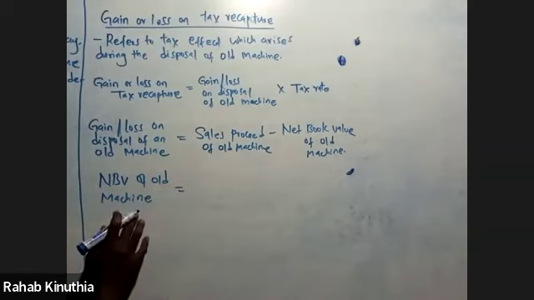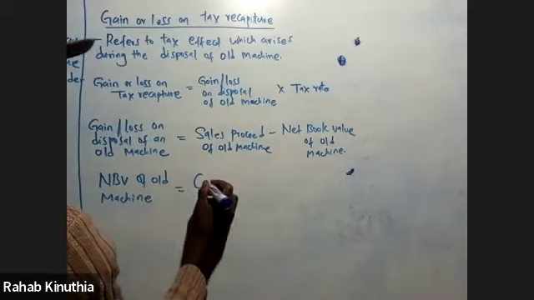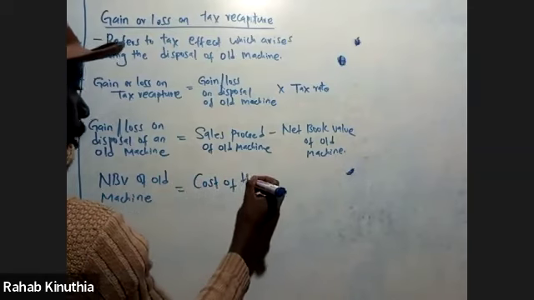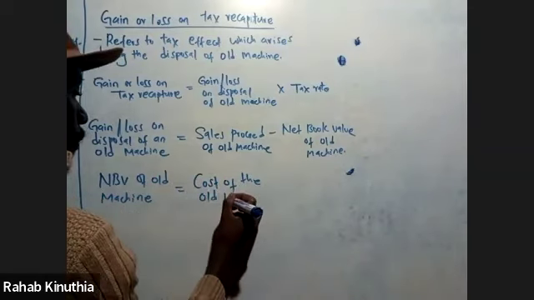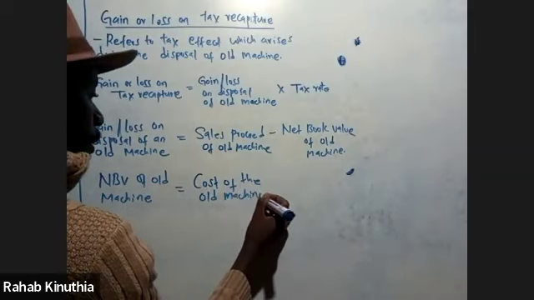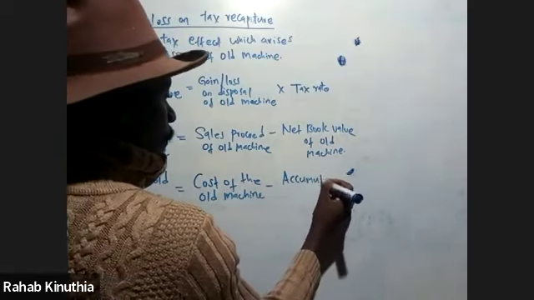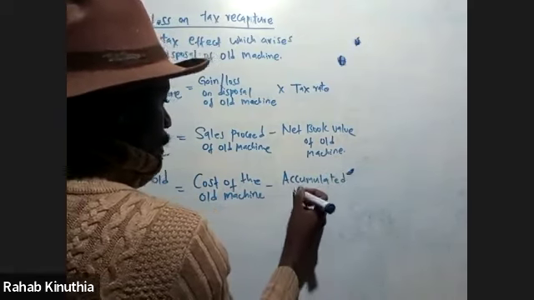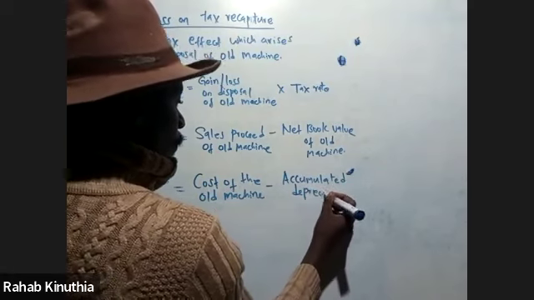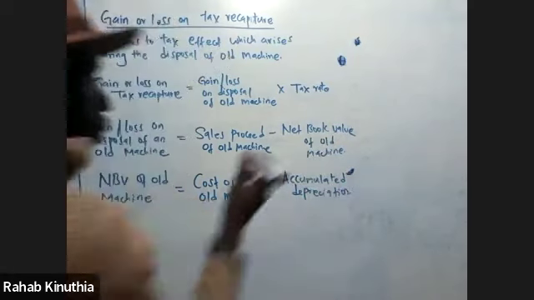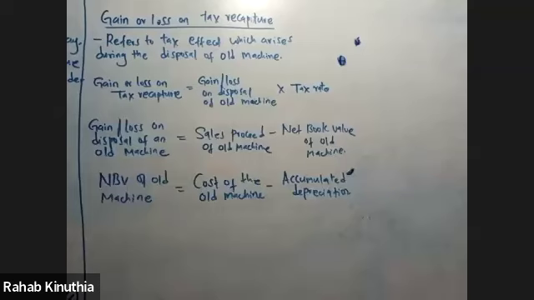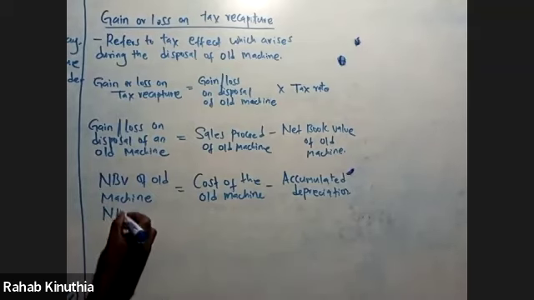Net book value of old machine can be equal to cost of the old machine less accumulated depreciation. NB, overhaul cost.